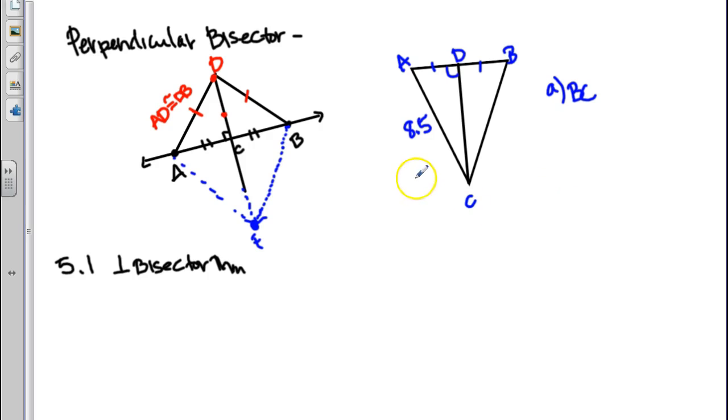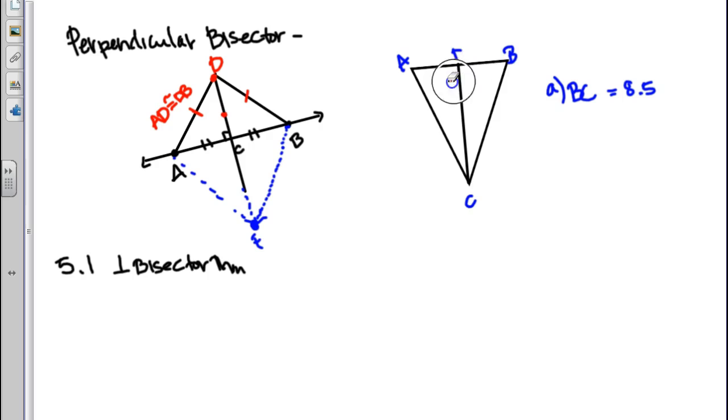Absolutely. We could find the measure of BC because we know this is a perpendicular bisector. I see the 90-degree angle, and I see that these two sections are congruent to each other. So BC is 8.5. Now, here's another cool thing.